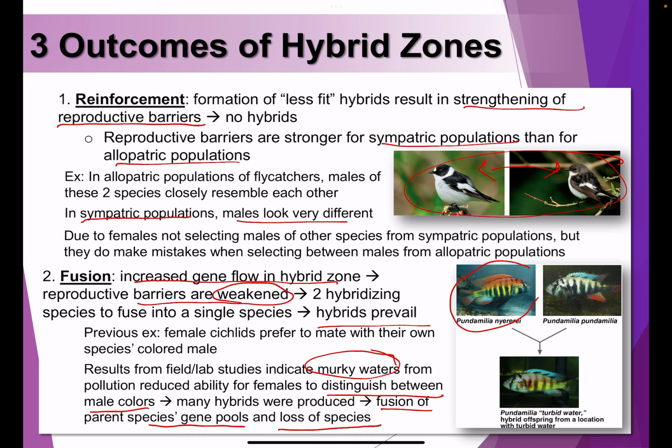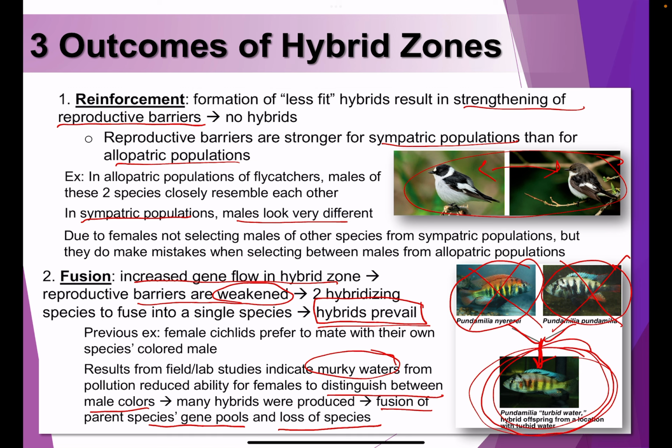Supposedly we would have these beautiful red tinged back cichlids versus blue tinged back, but because now the hybrids prevail, we have one species that is a mixture of the red tinge and the blue tinge existing in these murky waters. So when you fuse these two species together, you end up losing the two original species, and now you only have one in the pool.